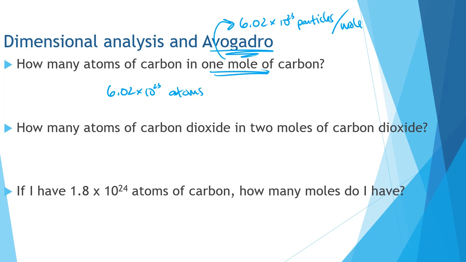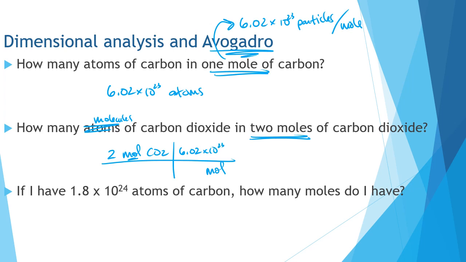What about, and I should say molecules, sorry, I definitely have a little goof here. How many molecules of CO2, carbon dioxide, in 2 moles of carbon dioxide? I'm going to start with my given 2 moles. I know that 1 mole of anything is equal to 6.02 times 10 to the 23rd. Since I have moles on top, I'm going to put moles on the bottom. I'm going to convert my moles to molecules. I know that there are 6.02 times 10 to the 23rd anythings, like molecules, in a mole of things.